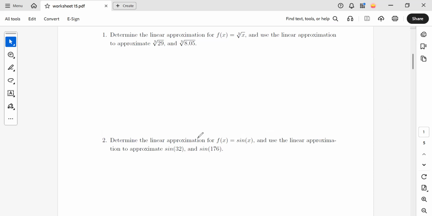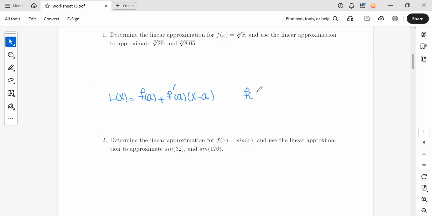Determine the linear approximation for f of x equals sine of x and use linear approximation to approximate sine of 32 and sine of 176. Same formula, L of x equals f of a plus f prime of a times x minus a.